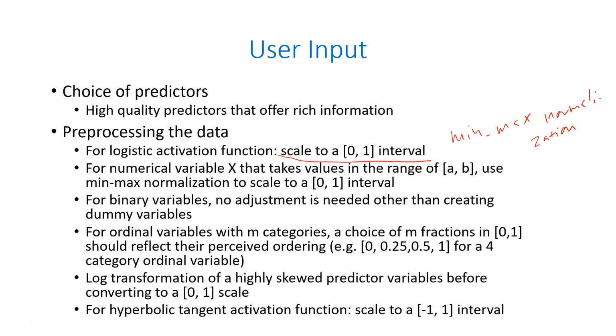For example, if the numeric value x takes value in the range of a and b, and a being the minimum value and b being the maximum value, you can subtract a from the value of x and divide the result by the range, which is computed as b minus a.